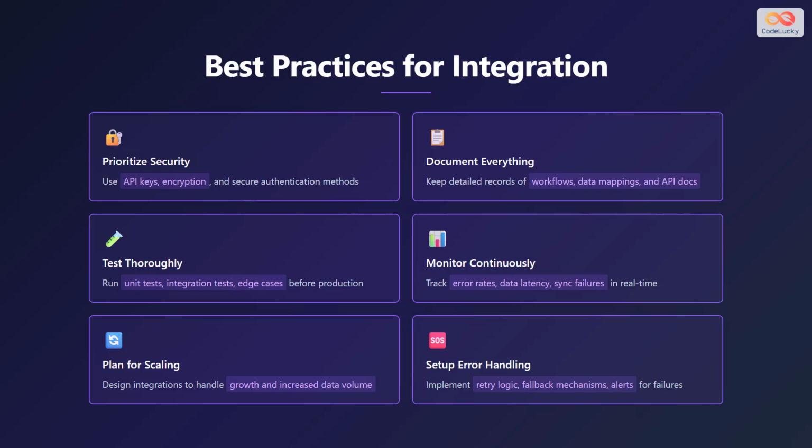To ensure successful integration, follow these best practices. Prioritize security by using API keys, encryption, and secure authentication methods to protect your sensitive data. Document everything, including your workflows, data mappings, and API documentation, so your team has a reference. Test thoroughly by running unit tests, integration tests, and edge case scenarios before deploying to production.